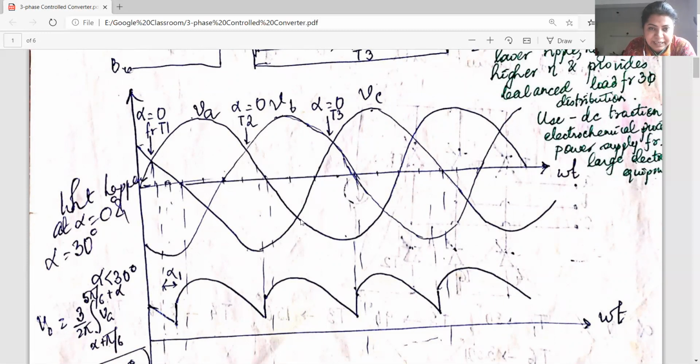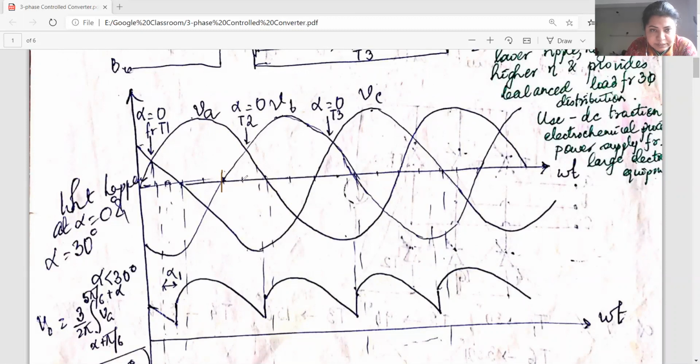Thereafter, first of all, we have to draw VA. After drawing VA, this is 30, 60, 90, 120. From a displacement of 120 degrees, we start off with VB.